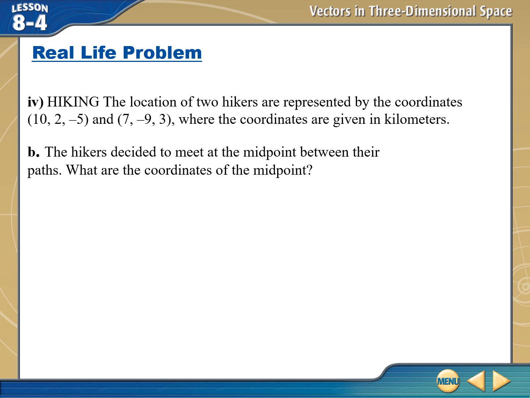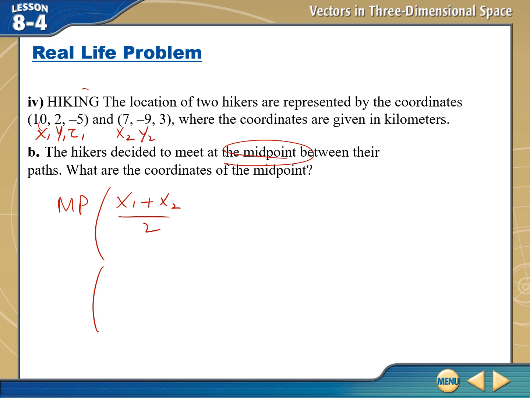The hikers decided to meet at the midpoint between their paths. What are the coordinates of the midpoint? So we know (x1 plus x2) divided by 2. Here are our x1, y1 and z1, and here are the coordinates of x2, y2 and z2. x1 is 10 plus x2 is 7, divided by 2.